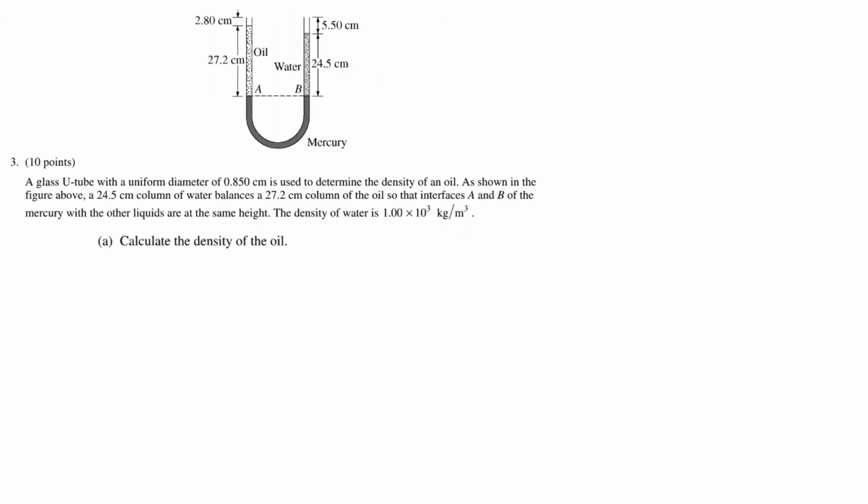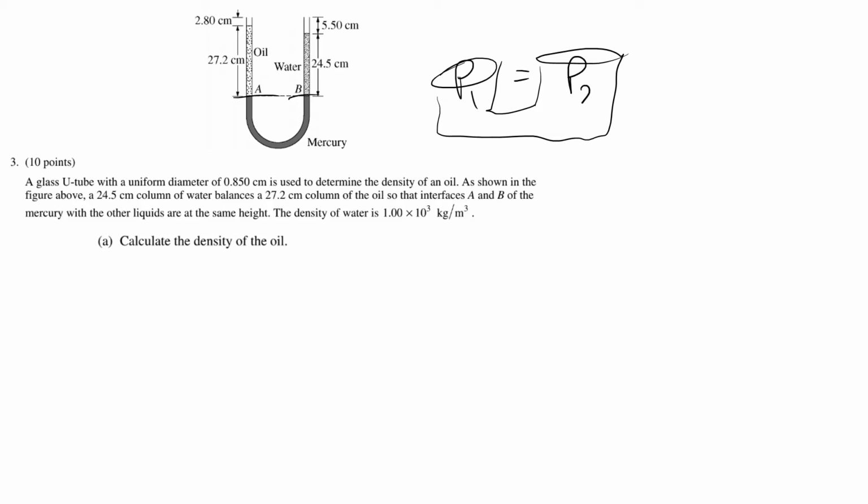So what we want to do first is to calculate the density of the oil. There are a couple of ways to do this. Let's do it the easy way. Do you remember doing problems that looked like this, using Pascal's principle? The pressure was evenly distributed. Since both of these points are at the same height, the pressure here is equal to the pressure there.